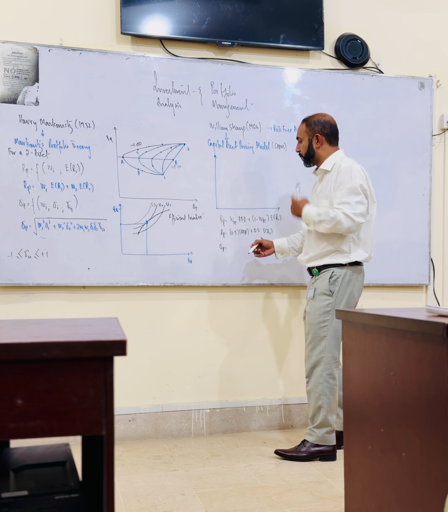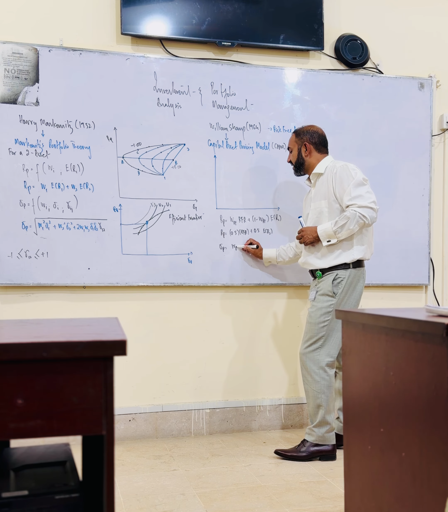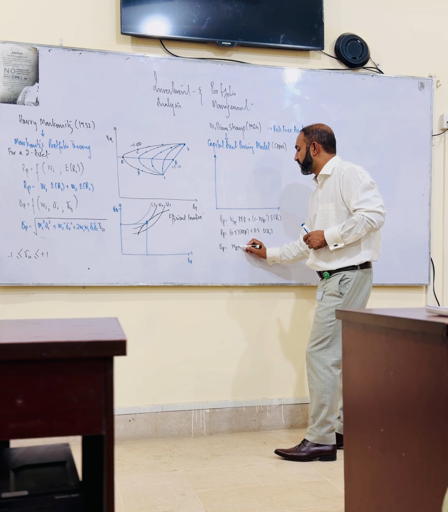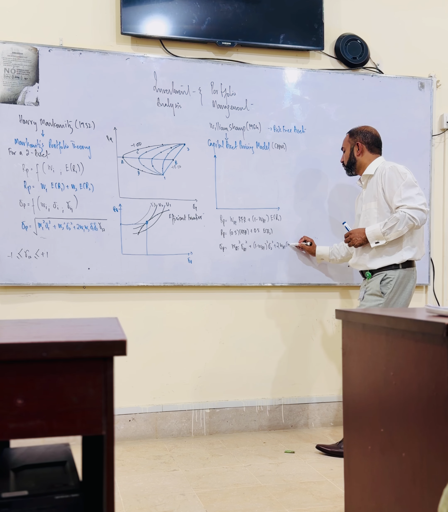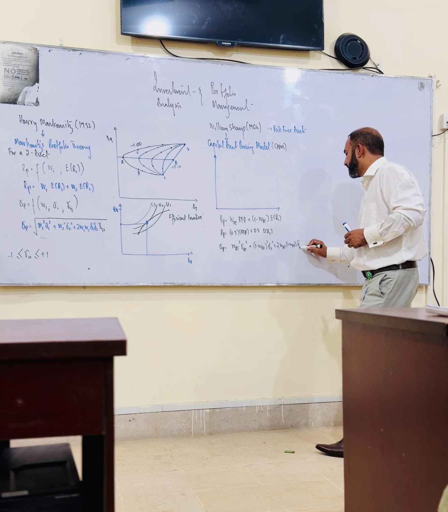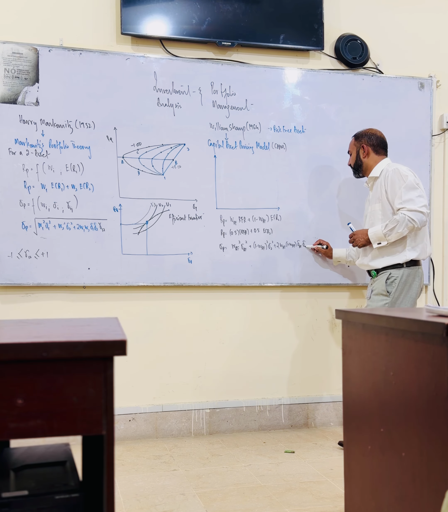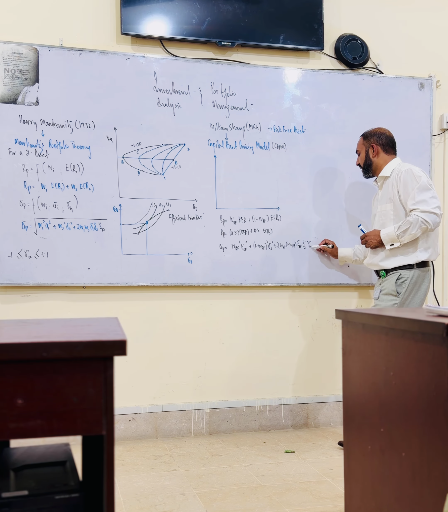That was reflected in the return of the portfolio and the risk of the portfolio formula, where the risk of the portfolio was weight of the risk-free asset square into risk of the risk-free asset square, as per the formula, plus 1 minus the weight of the risk-free asset square into risk of the risky asset square plus 2 weight of the risk-free asset into 1 minus the weight of the risk-free asset into standard deviation of the risk-free asset into standard deviation of the risky asset into correlation between the risk-free asset and the risky asset, and under the square root the entire formula.